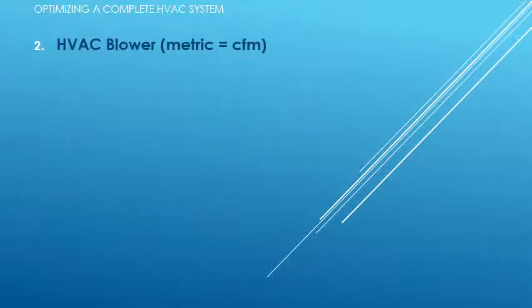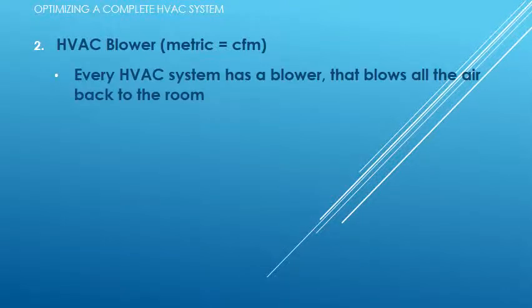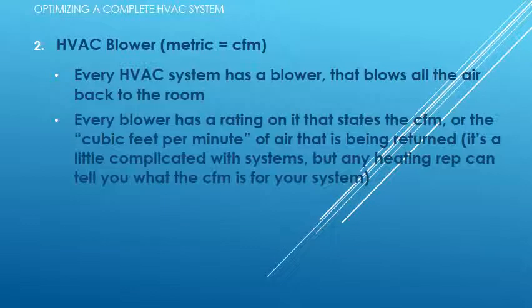Number 2 is the HVAC blower. Every system, your furnace and air conditioner system, has a blower, and that blower blows air out at a certain speed, CFM, cubic feet per minute. Every blower has a rating on it that states the CFM of the system, and how much is being returned. If it doesn't, your heating rep can tell you exactly what your CFM is for your system.